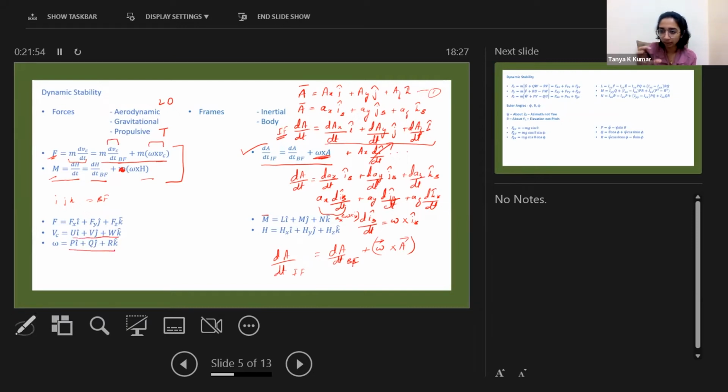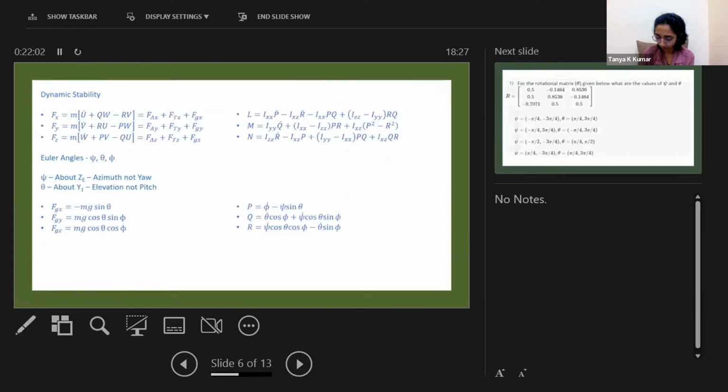So there is a u dot, a v dot, and a w dot, corresponding to each direction: in x direction you have u dot, y direction you have v dot, z direction you have w dot. And the product terms that come from the omega cross Vc are given here.